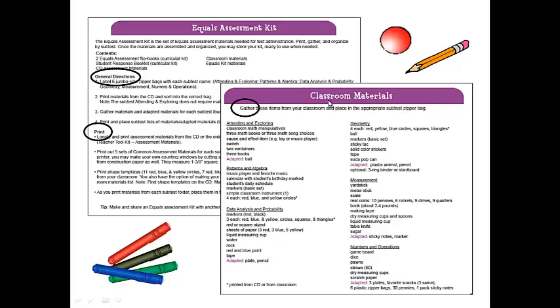So items that don't come with the Equals kit, but rather some regular materials such as markers, containers, books, things like that, tape. So you'll gather all of these materials and you'll store them in jumbo zip bags, one for each subtest.